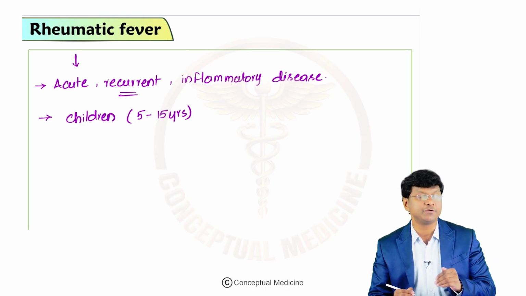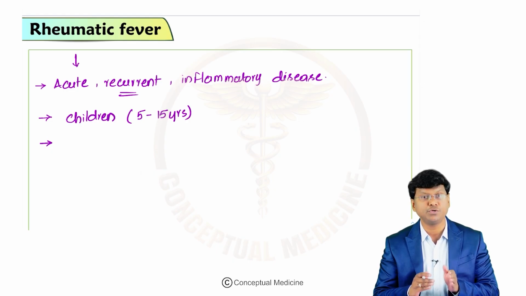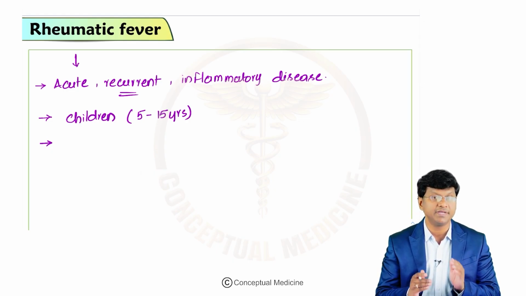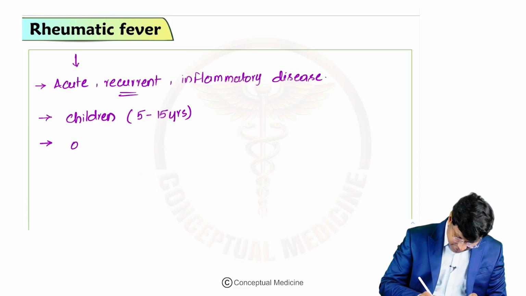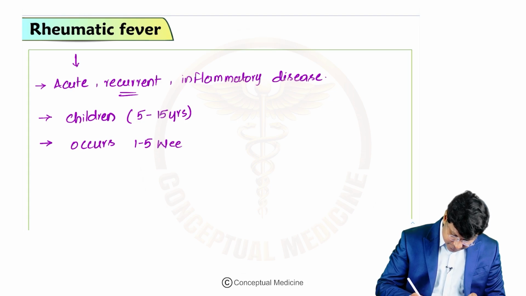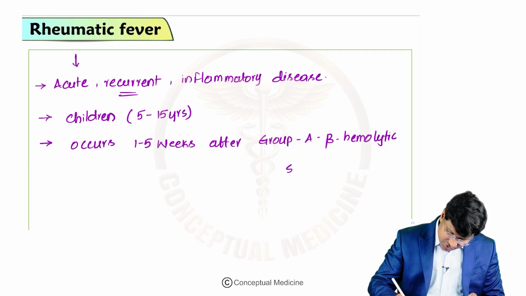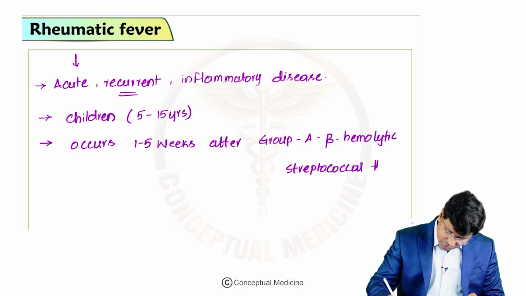It typically occurs 1 to 5 weeks after a group A beta-hemolytic streptococcal throat infection.